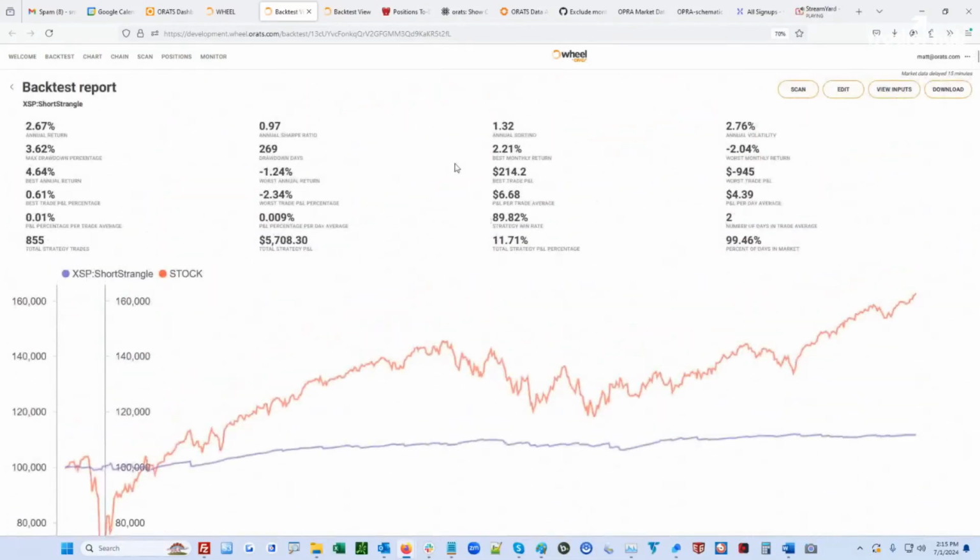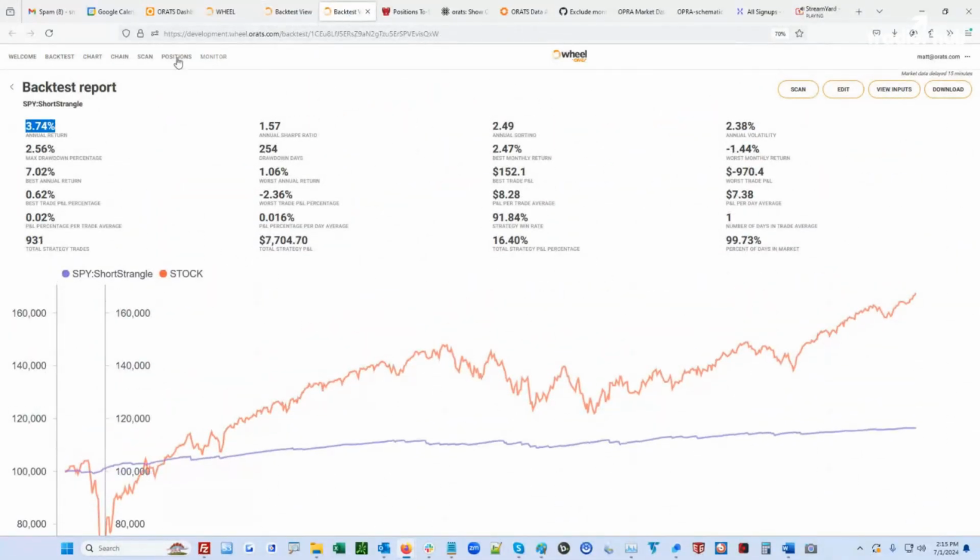Whereas in SPY, there's still some value to them. One of the things, so we're going to start adapting our backtests to simulate trade.